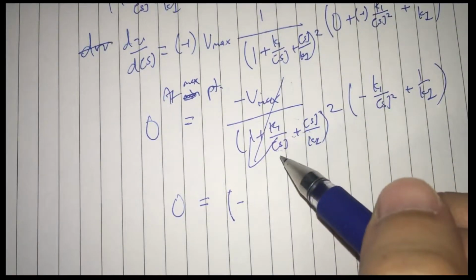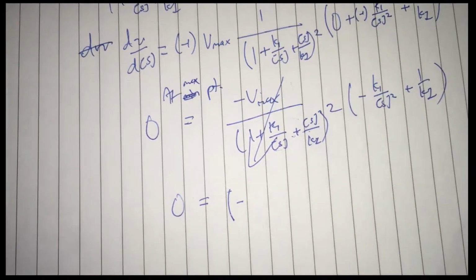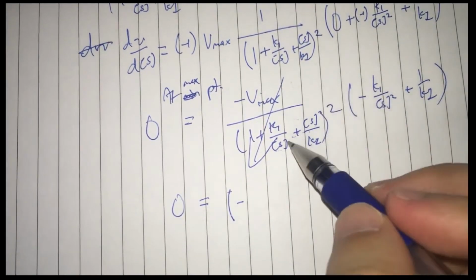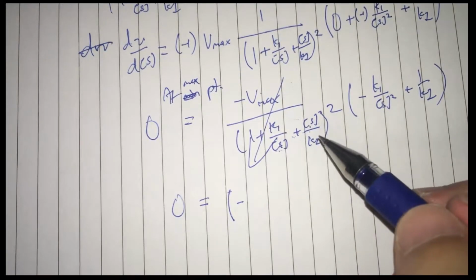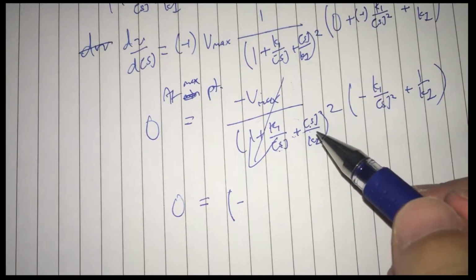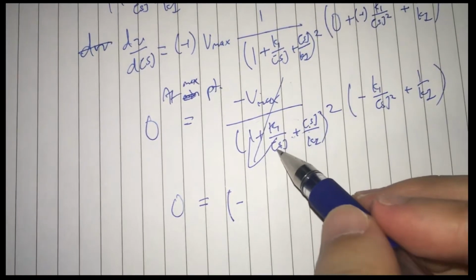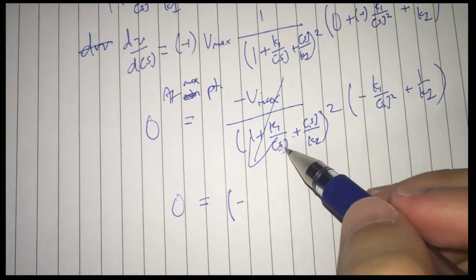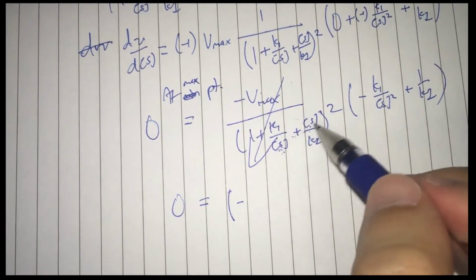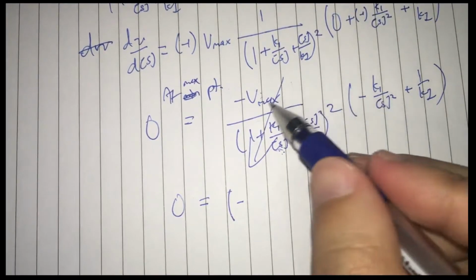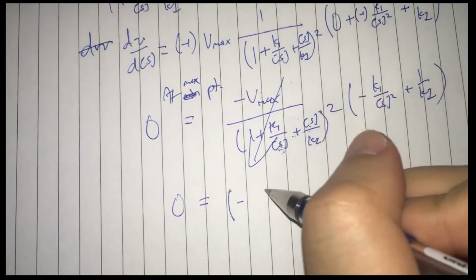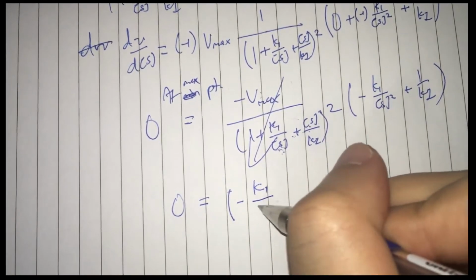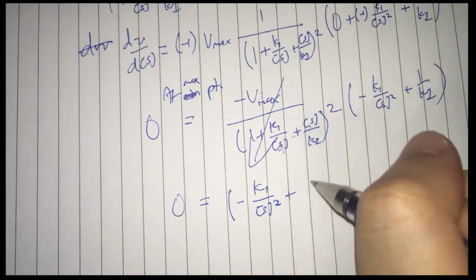It will always be, usually I guess, 1 or more, because this is 0 or more, this is 0 or more. So yeah, the substrate concentration is usually always more than 0. So this is a positive number, this is also a positive number, so this cannot be 0. So dividing both sides by that is completely legitimate. But this, instead, it can be 0.